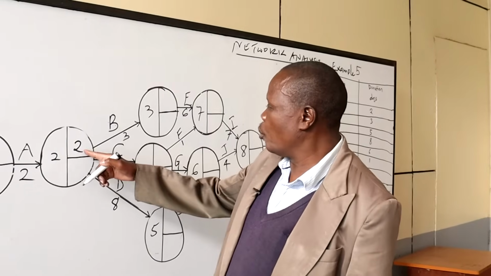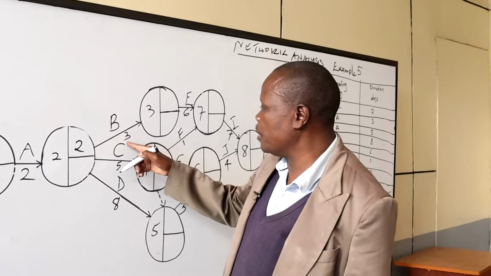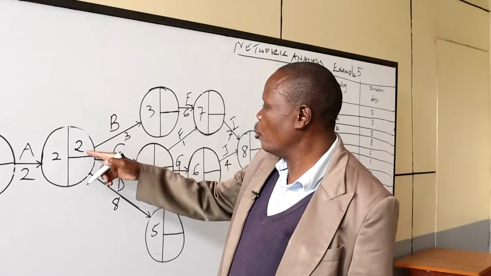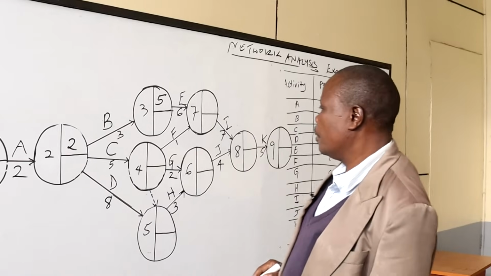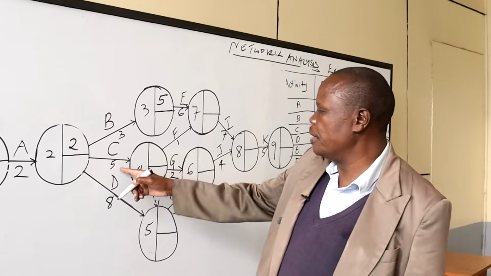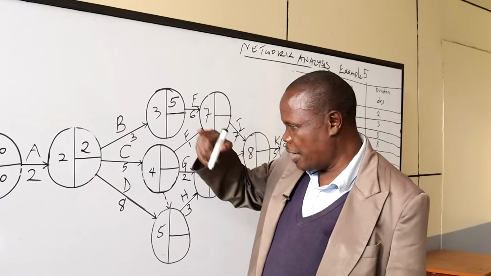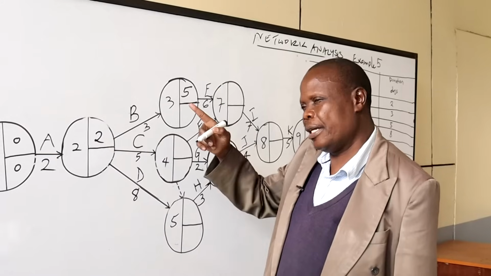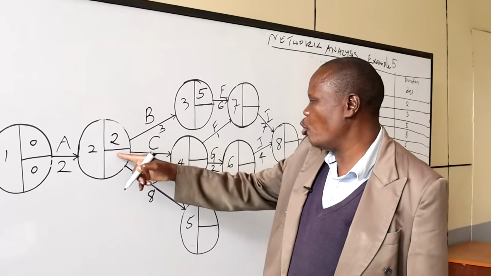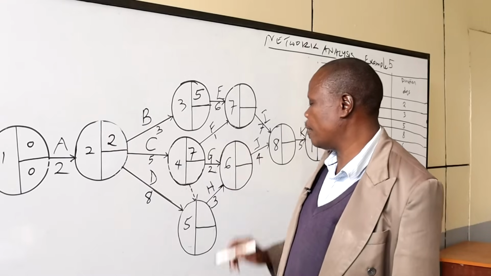Then 2 plus 3, because duration for B is 3, is 5. Then C takes 5 days, but only starts after the completion of A on the second day. So that is 2 plus 5, that is 7.